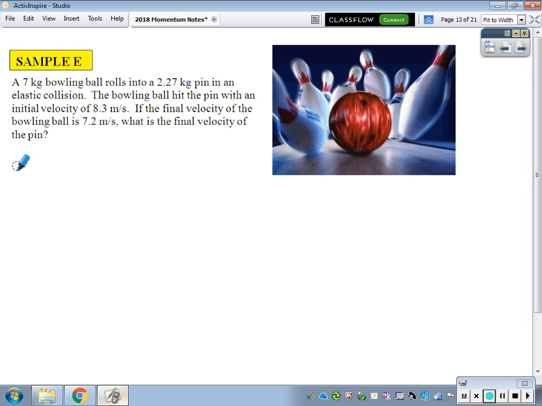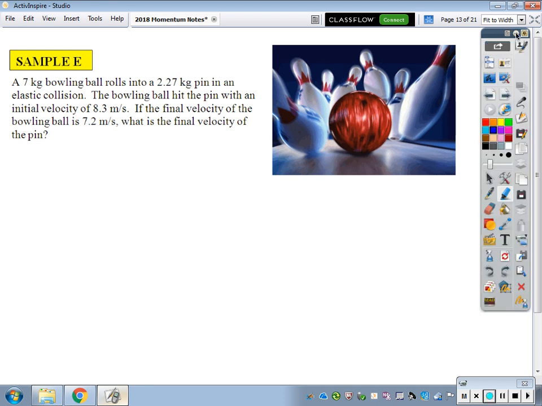Let's get the pen. V2 final would be equal to, I'm going to block this out a little differently with parentheses, because there are going to be a bunch of parentheses I would like for you to use.